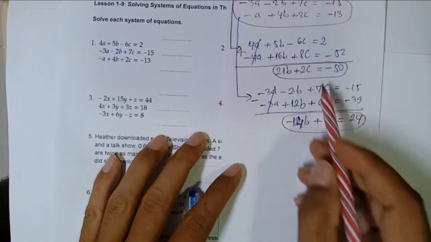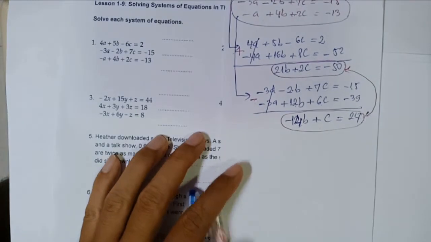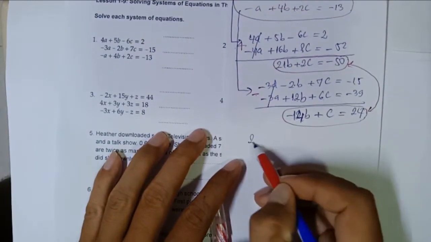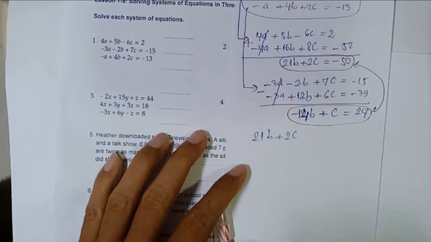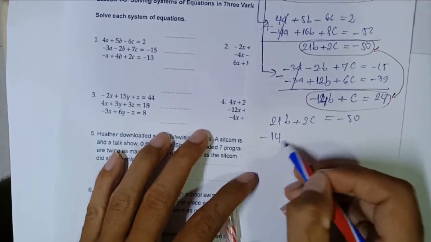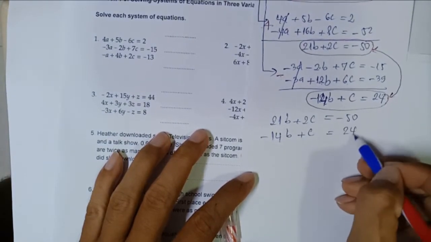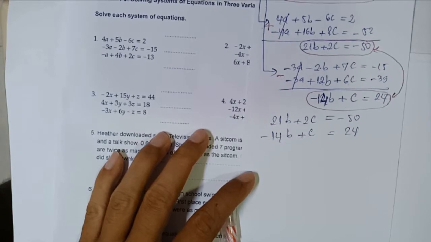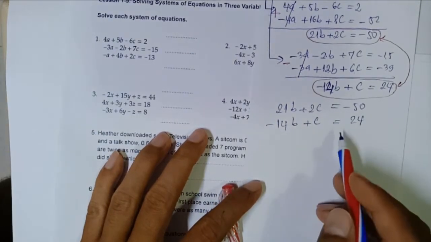After that, we will group these equations together. Then you will have 21B plus 2C equal to minus 50, and then you will have minus 14B plus C equal to 24. Well, let's try to work this one with the multiply first and eliminate later.